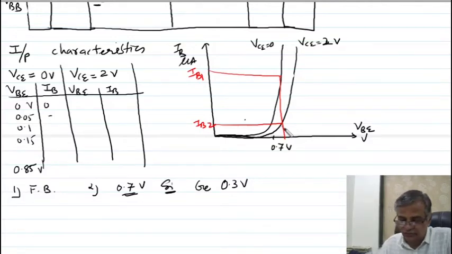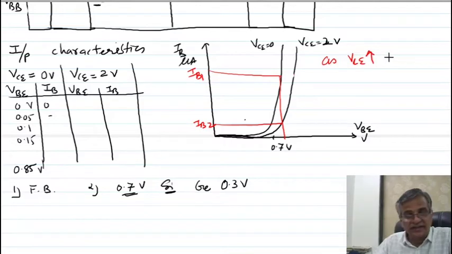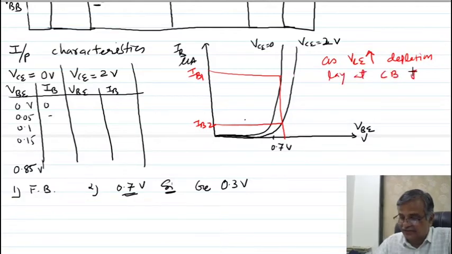Let us see the reason for this. The reason is that as VC increases, the depletion layer at the collector base junction increases. I am showing you like this.